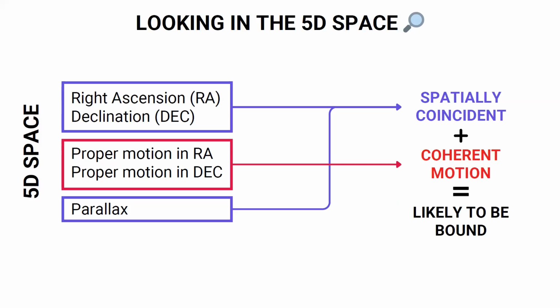So you look in the physical space, the position in the sky, and the parallax, the third dimension. But because they are bound, they should move together with respect to all the other stars that are unbound. So if you combine spatial concentration and coherent motion of stars, you probably find something that is likely to be bound, so probably an open cluster.